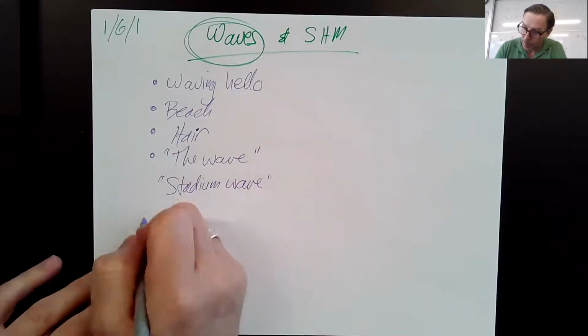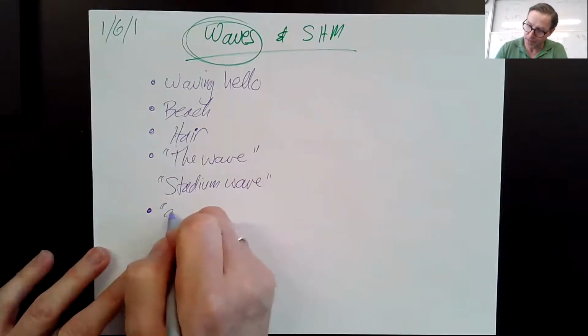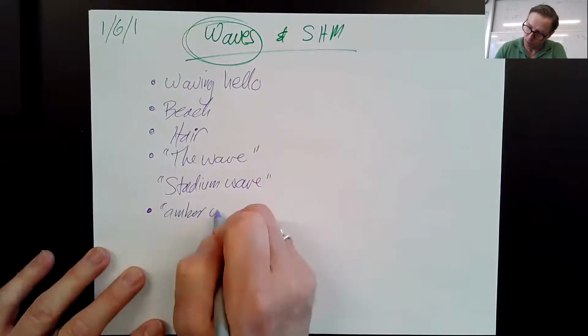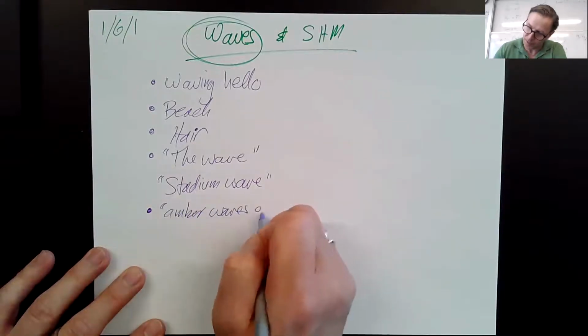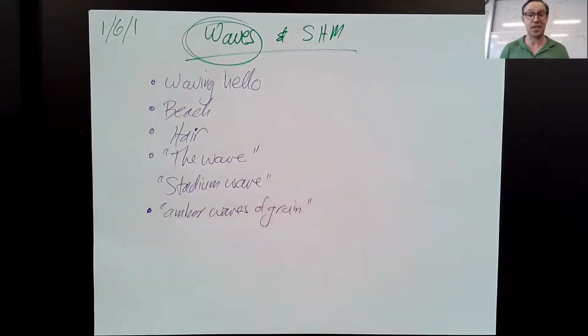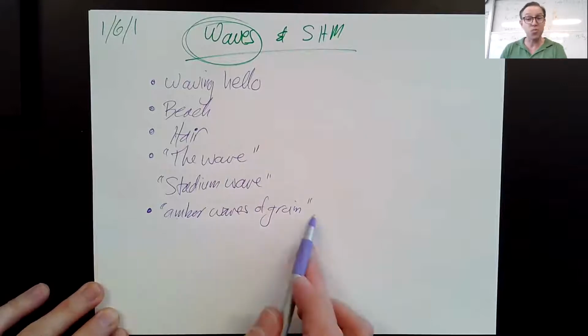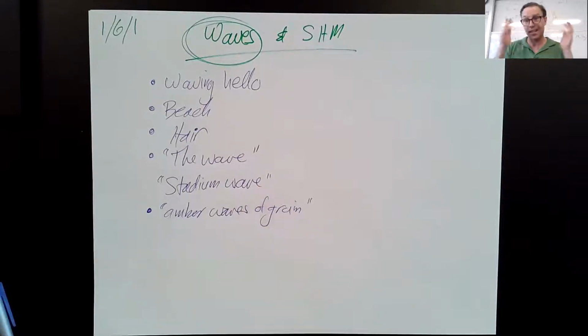Okay, I'm going to have one more example. Amber waves of grain. There's a song that they sometimes sing at the baseball park, and it contains this phrase, amber waves of grain. Some of you, because you didn't grow up in an agricultural community, have no idea what that means. So amber is a pretty goldish brown color, and grain is grass that grows.